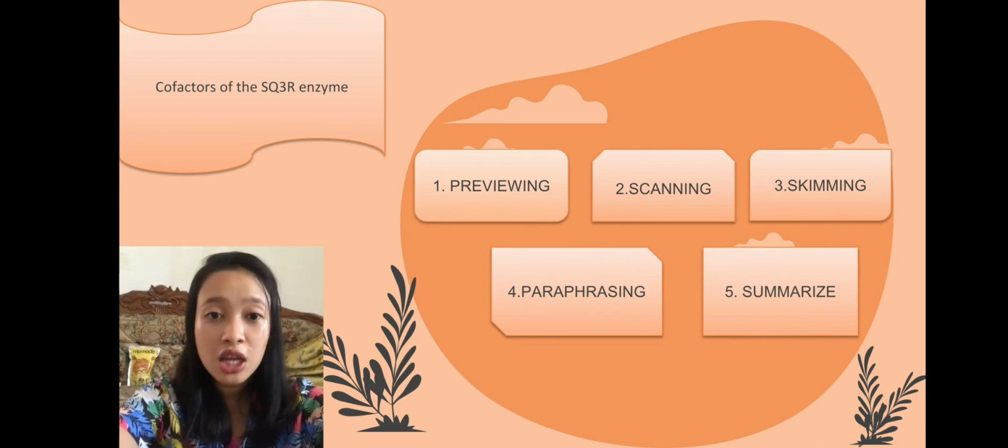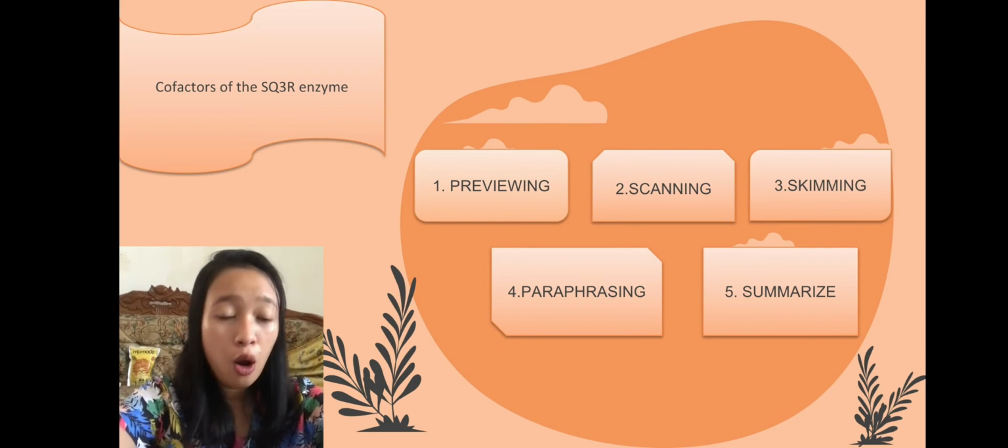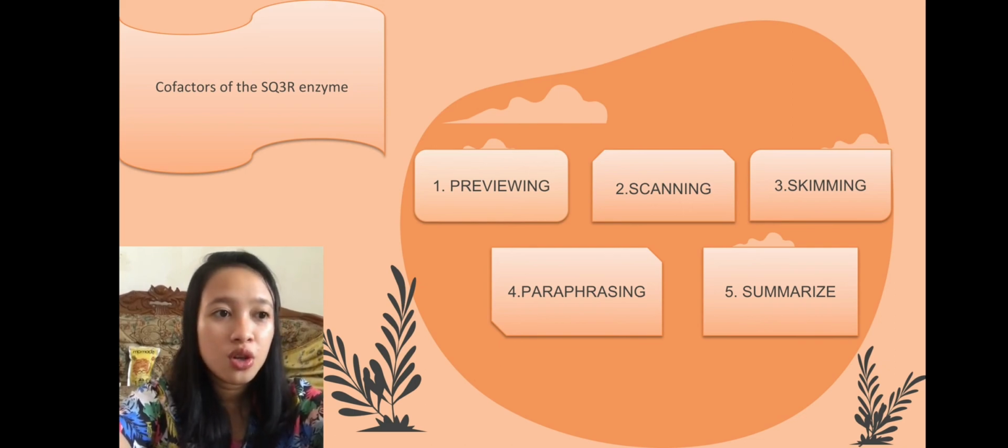Previewing is learning about a text to get the sense of what the text is about and how it is organized before reading it closely, by seeing what you can learn from the headnotes or other introductory material.